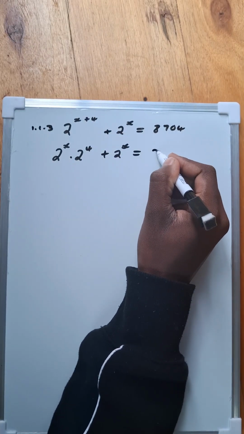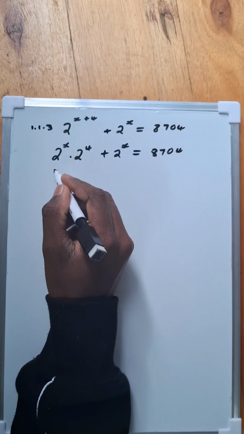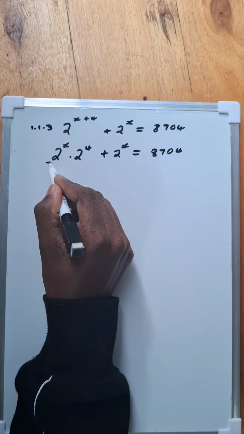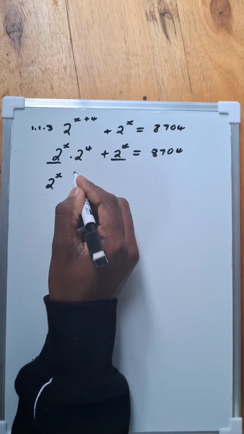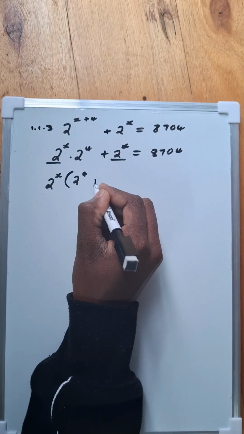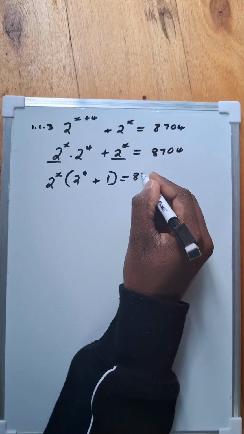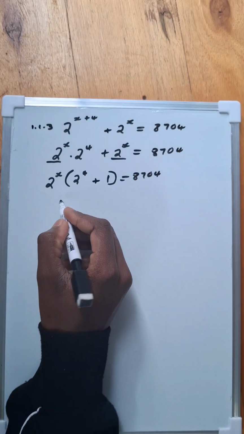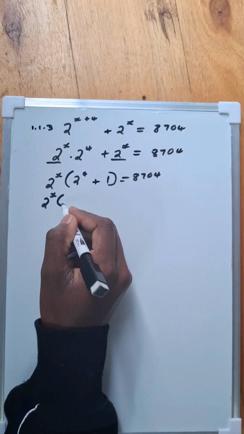What's common here? Our common factor is 2 to the power x. Since it is common, here I'm left with 2 to the power 4, plus 1. Here I'm left with 1. It is 8704. So here it is 2 to the power x times 2 to the power 4.